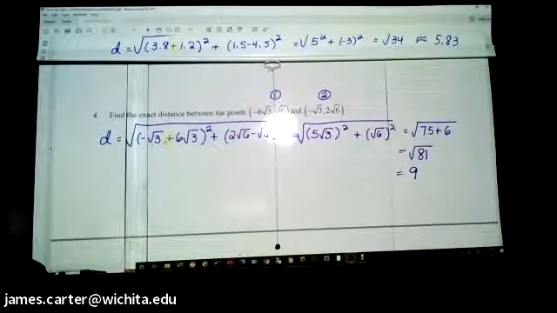Okay, we simplify these. There's a negative 1 of these and a positive 6 of those, giving me 5 square root of 3's. Over here, I've got 2 of these minus 1 of these, gives me 1 square root of 6.